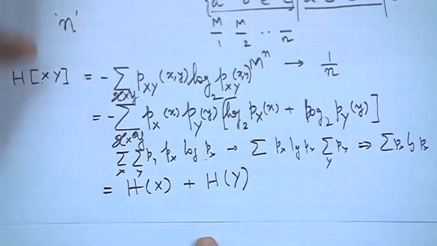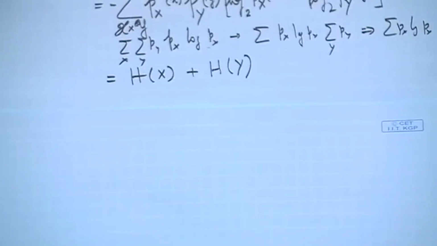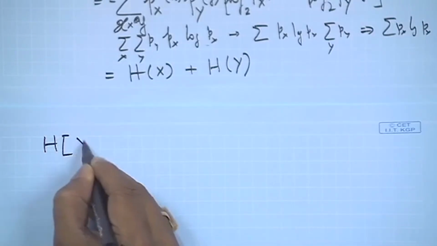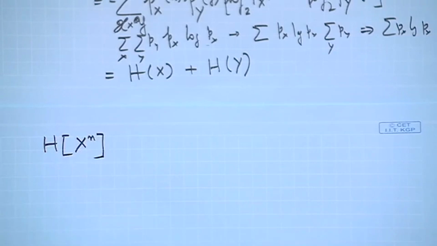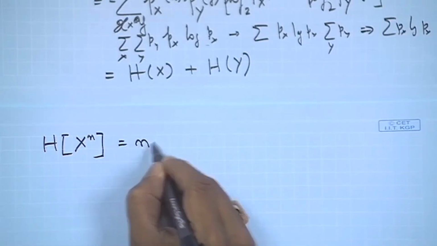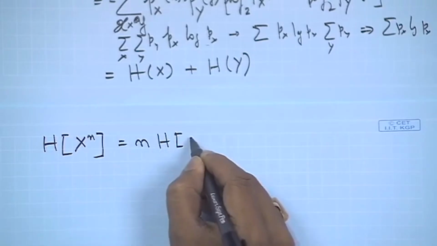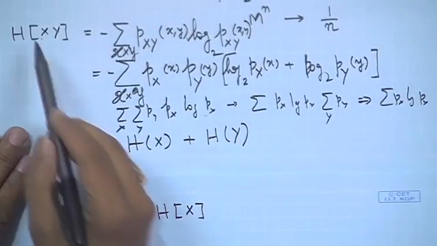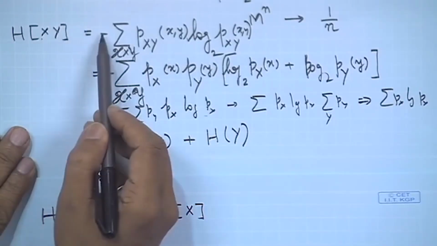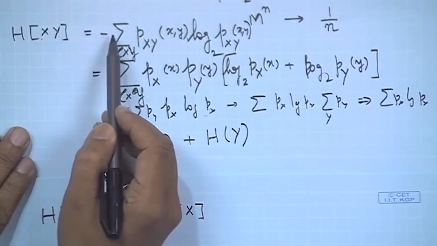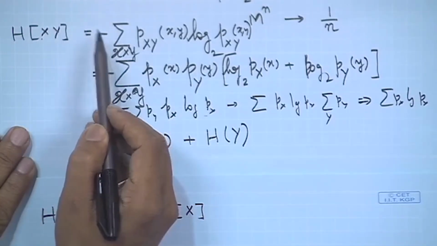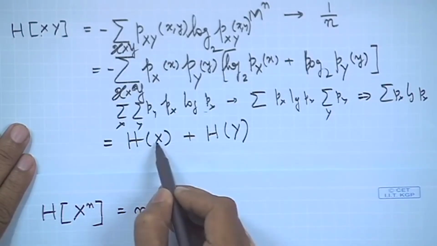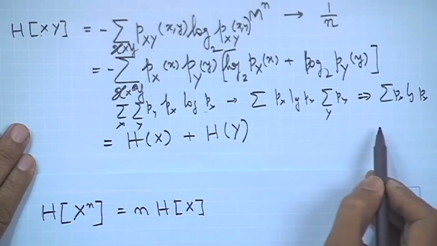So, for independent sources, in general one could write that H of X^n is equal to n times H of X, because if we now take X, X, X and X, or X1, X2, X3, X4, and we call it X to the power of 4 because we have taken 4 symbols, we are going to get H of X1 plus H of X2 plus H of X3 plus H of X4.